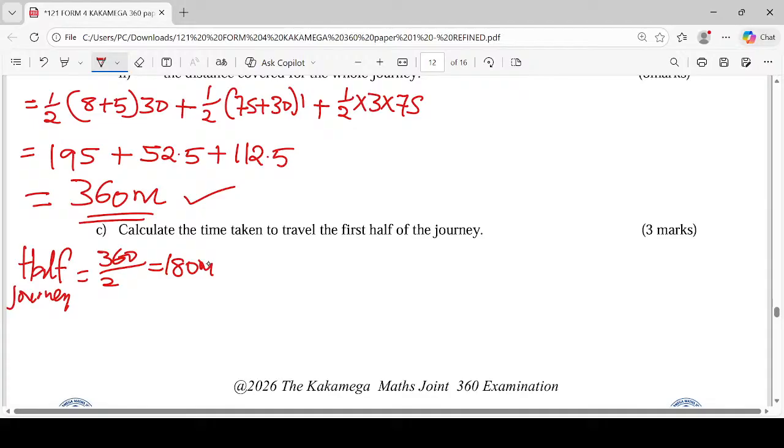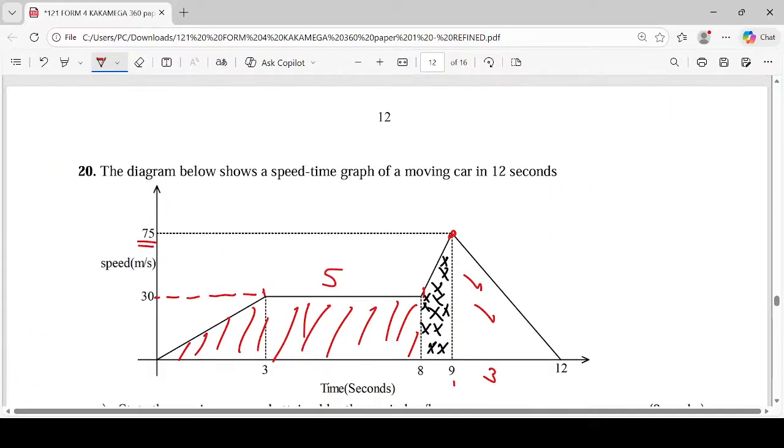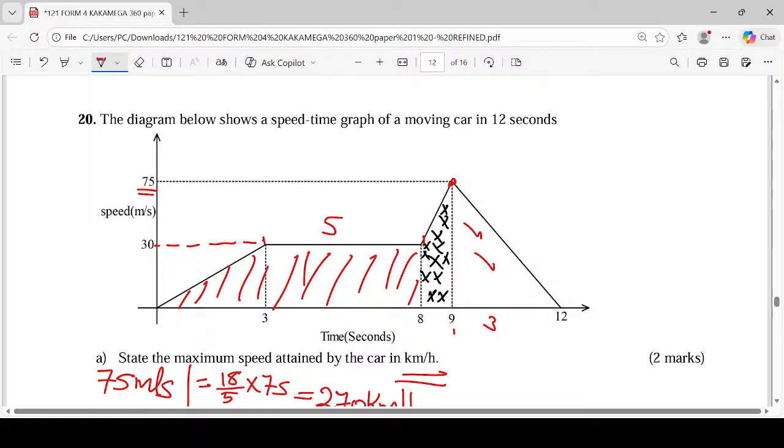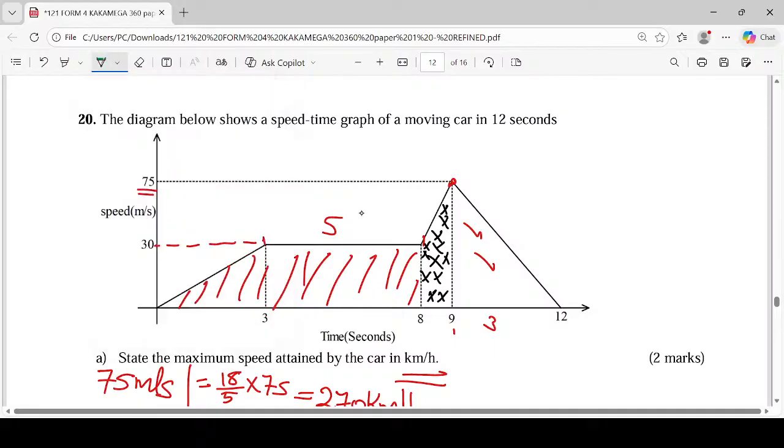That is the first half of the journey. Now, when you look at that, the first half of the journey, 180 meters, is the distance within the first trapezium. So for instance, let's assume the first half is here.